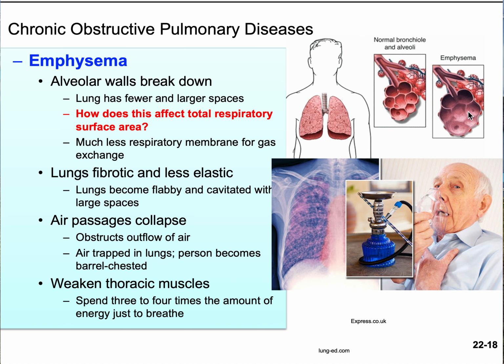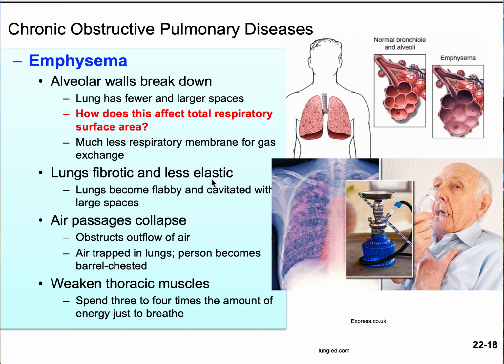And then we break down some of those walls in emphysema. So the lung has fewer and larger spaces. That might sound like a good thing, but if you break down these walls, you've reduced the total respiratory surface area. So there's less surface area here for gas exchange.